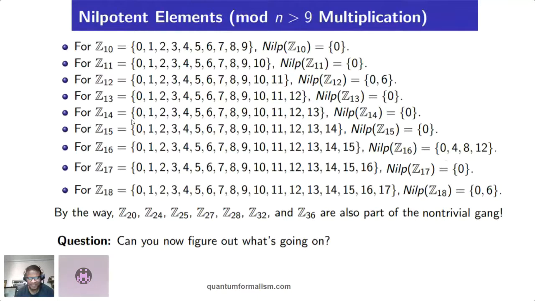So the question is, if the semigroup doesn't have a zero element, can we invent one? Sure. Okay. Yes, we can. And let's see how we can do it.